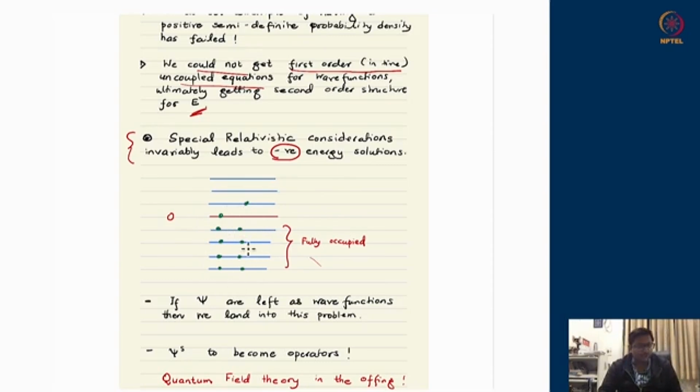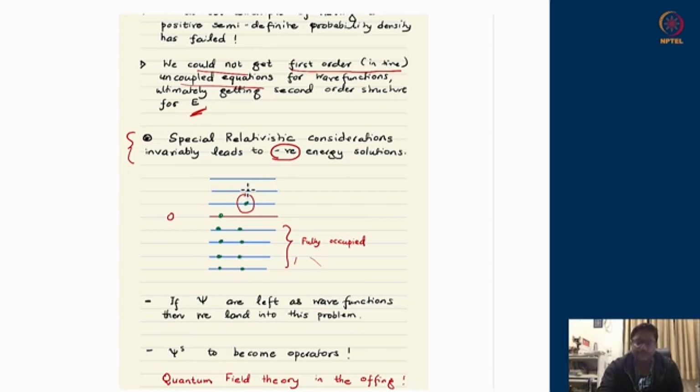If all of them are occupied, a fermion, which we will see in more detail in quantum field theory, cannot be accommodated more. So Dirac's proposal for this Dirac equation was that negative energy states are completely occupied. Therefore, there cannot be any new particle with negative energy. The only thing we can have is positive energy. This is a working ad hoc solution being proposed.